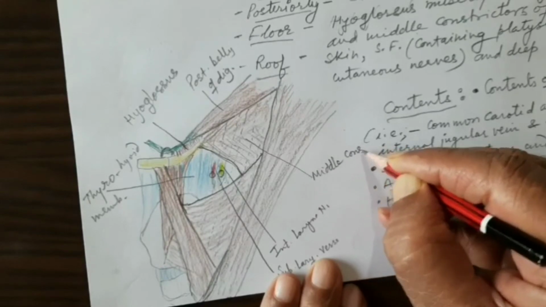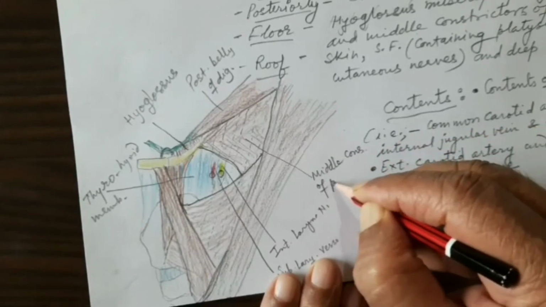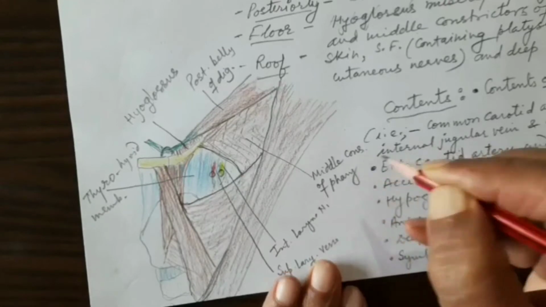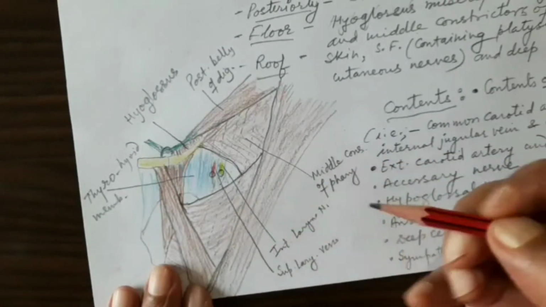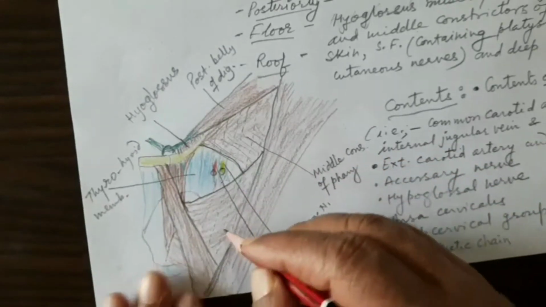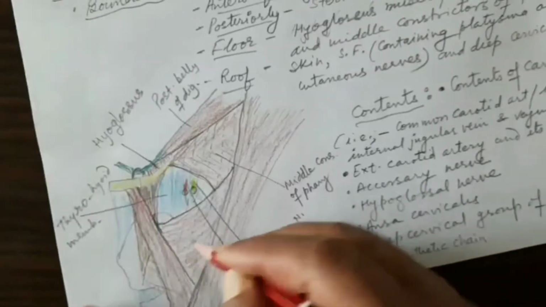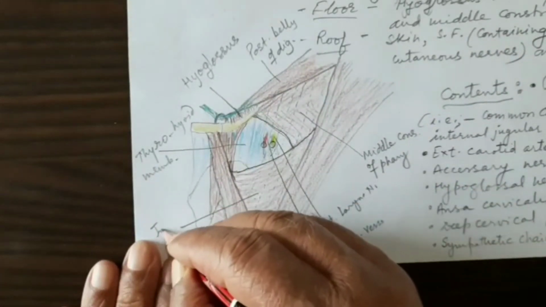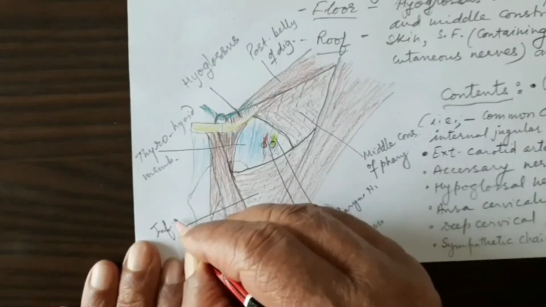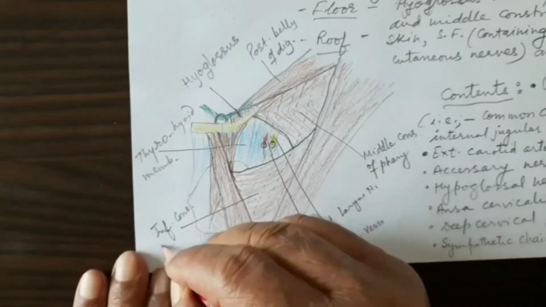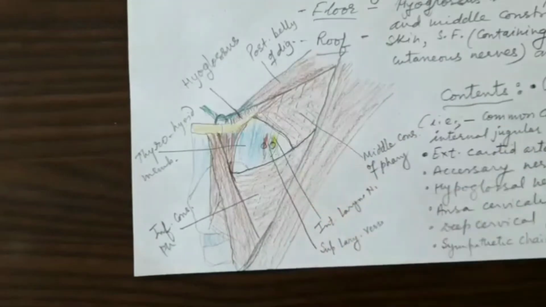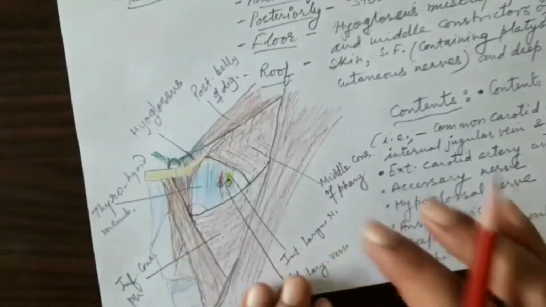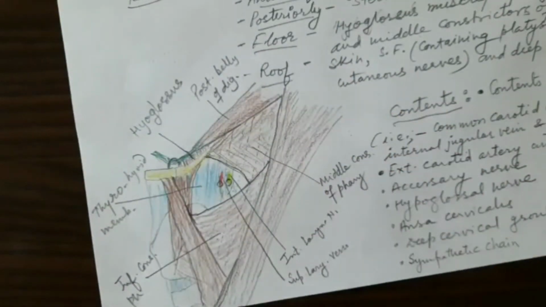It will form the pharyngeal wall. And this muscle, let me label it here, is the inferior constrictor of the pharynx. So these are two constrictor muscles of the pharynx, the middle and the inferior.